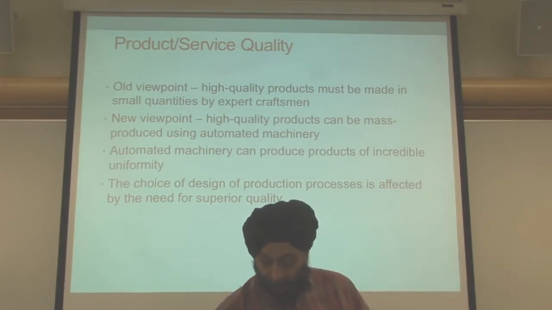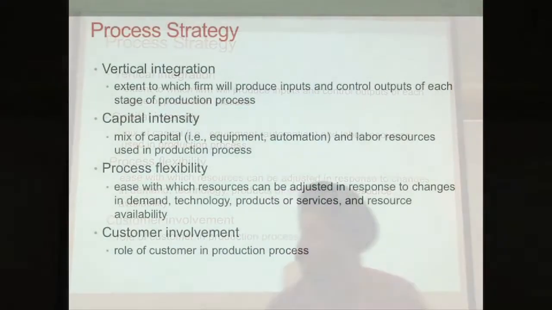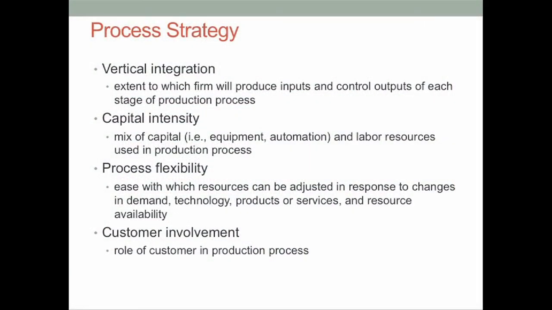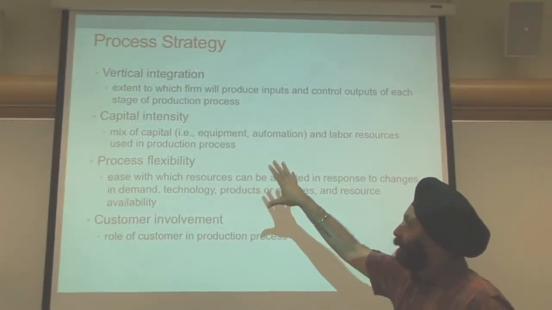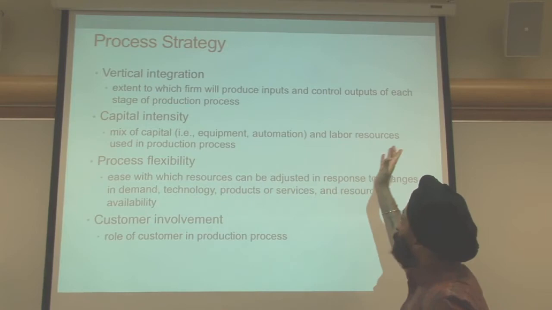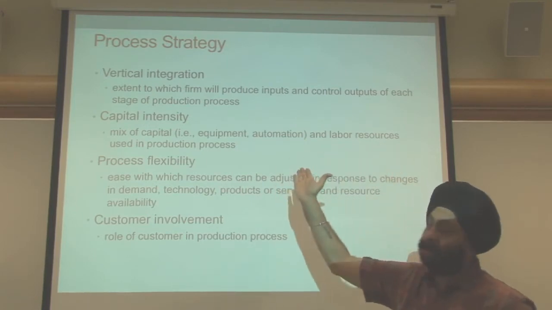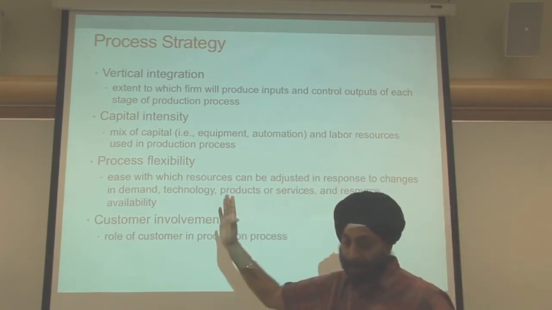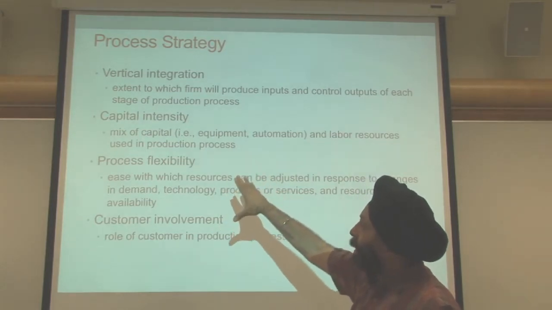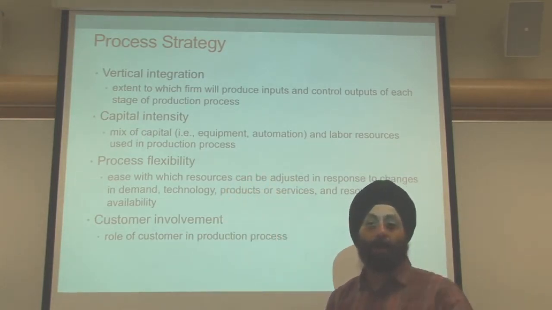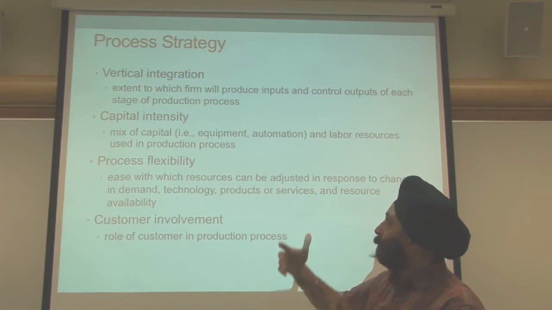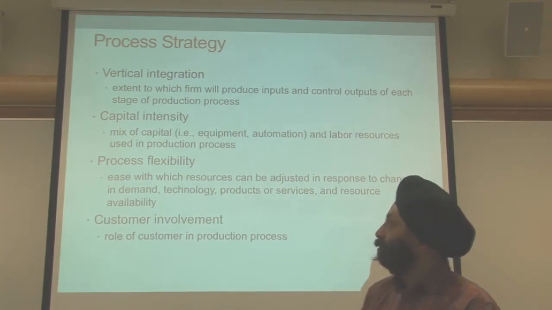So let's move on to our discussion of process strategy now, and we talk about vertical integration. Vertical integration basically is the extent to which the firm will produce inputs and control outputs of each stage of the production process. And capital intensity, as we mentioned earlier, is the automation: the mix of capital, which is equipment and automation, and labor resources used in the production process.